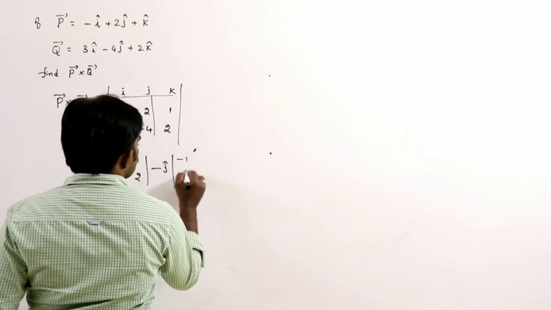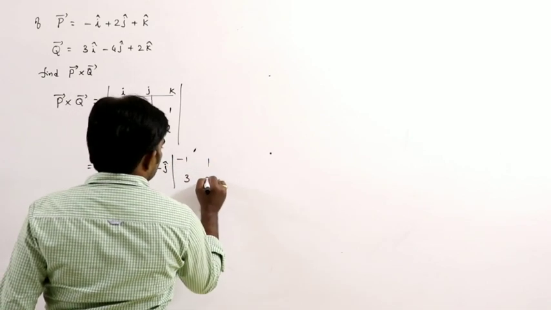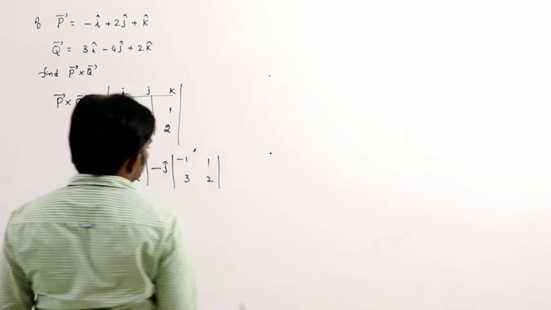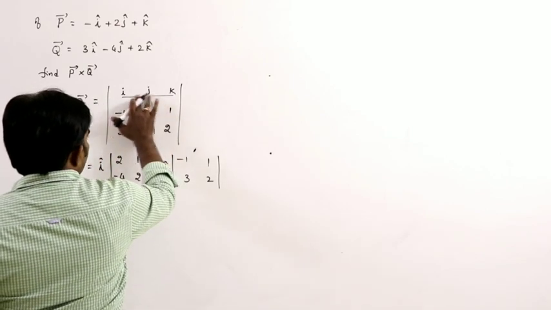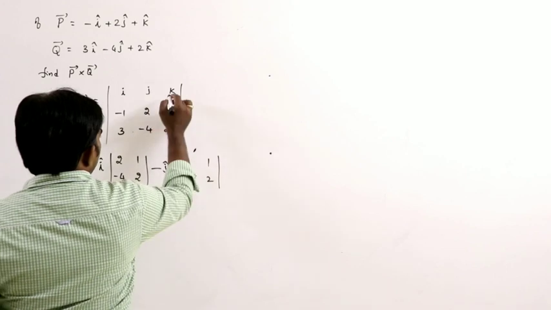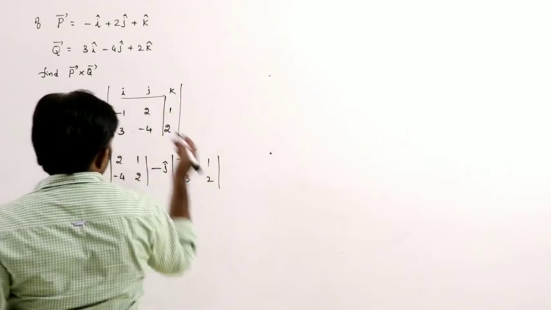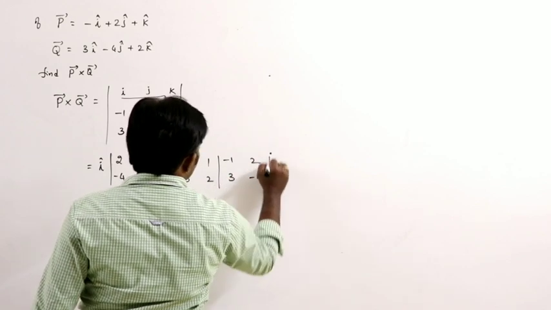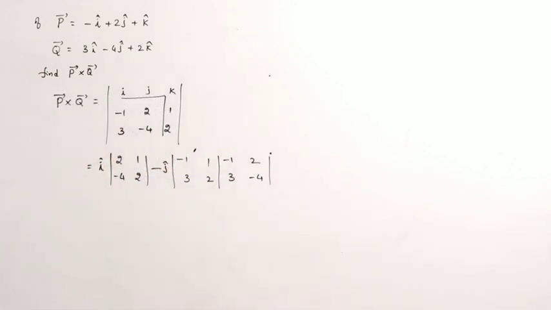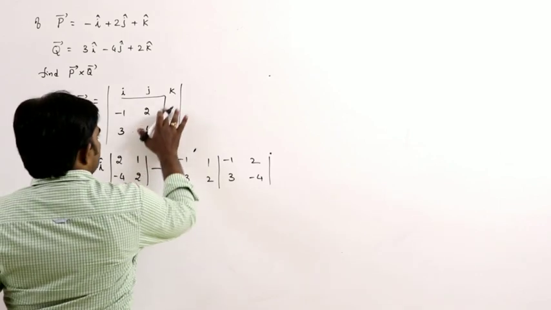This is minus 1 3 1 2. Next come to the k, forget about this row and column. Remaining minus 1 2 3 minus 4. Then do the calculation here.